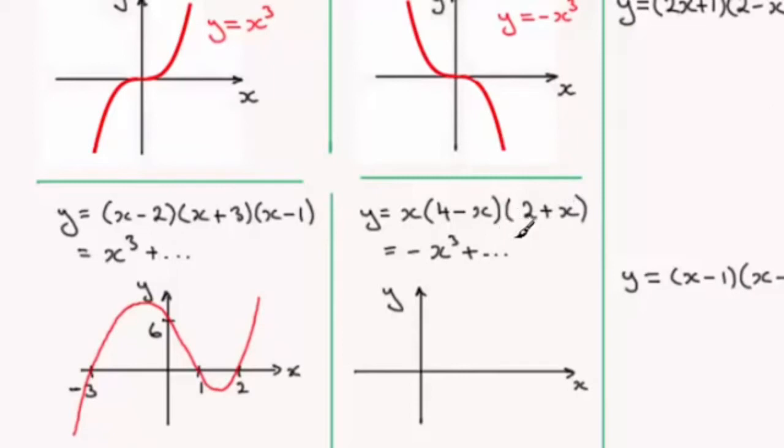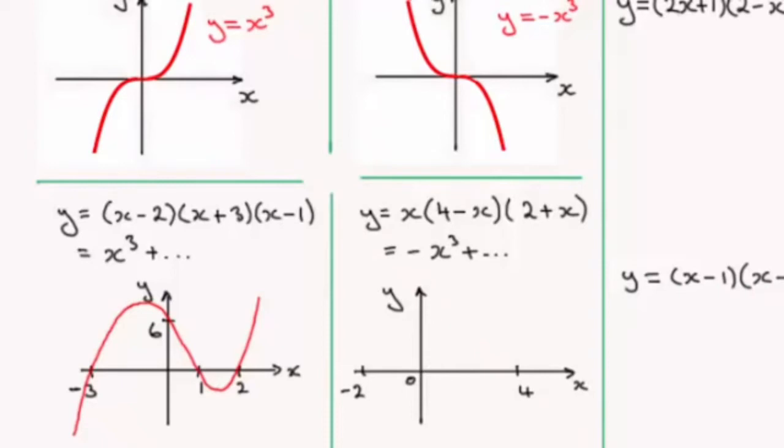So it's going to cross the x-axis then at 0, the origin, at 4, so mark that on as 4, and at minus 2, so we'll take that as minus 2. And where does it cross the y-axis? Well, that's when x is 0. But when x is 0, we can see that this makes y 0 at the origin.